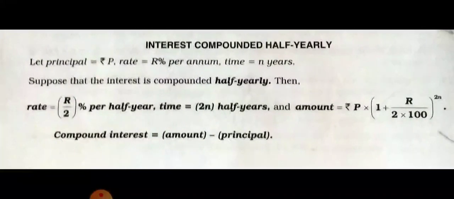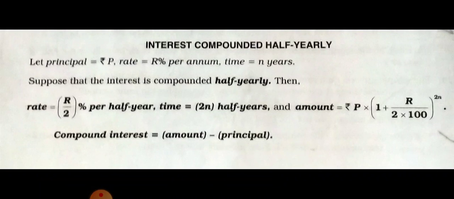When the interest is compounded half yearly, you have to do two things. First, you have to multiply the rate by 1 by 2 and you have to multiply the time by 2. Remember students, you have to multiply the rate by 1 by 2 and the time by 2.